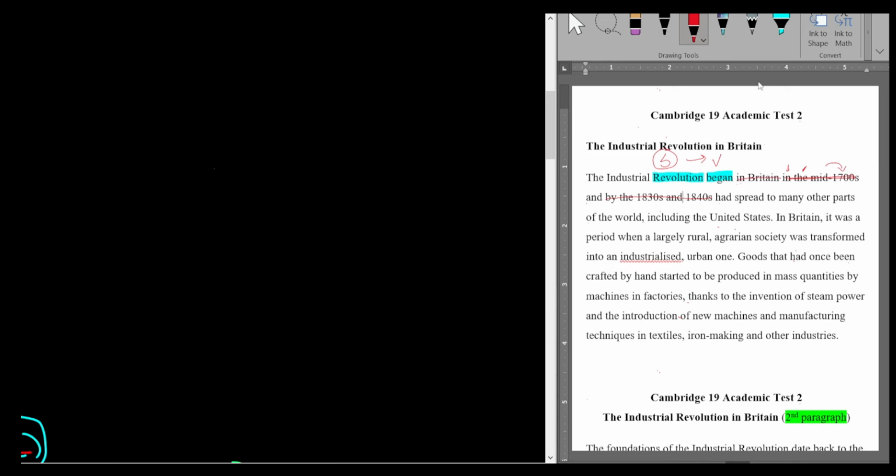And we get another verb, "had spread". After "and" we get a verb, but the subject of this verb is missing. Is there any subject between "and" and the verb? No, there is no subject.